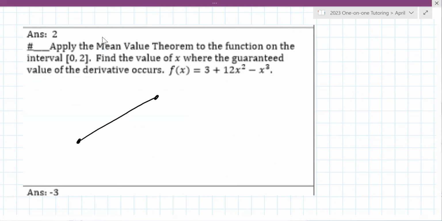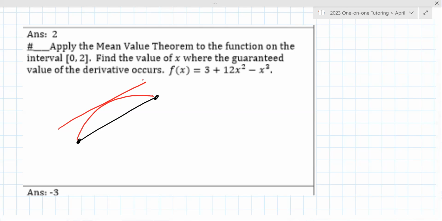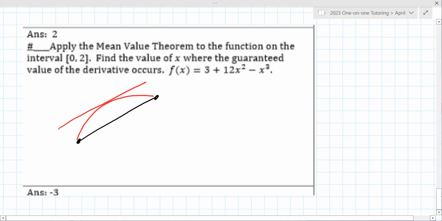We don't know what the actual curve does. It could actually do a lot of things, but the idea is that there's a tangent line parallel to the secant line, or they have the same slope. Okay, now that's the shorthand description of it.